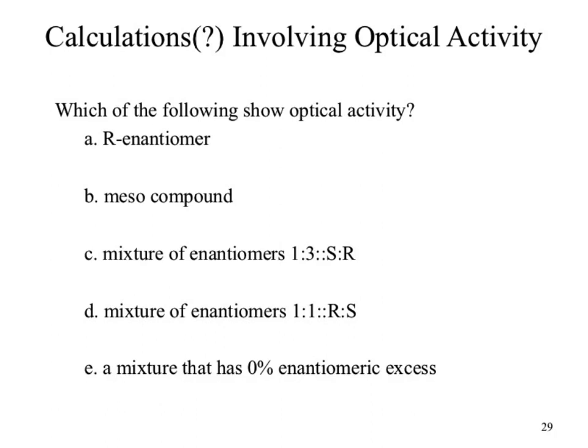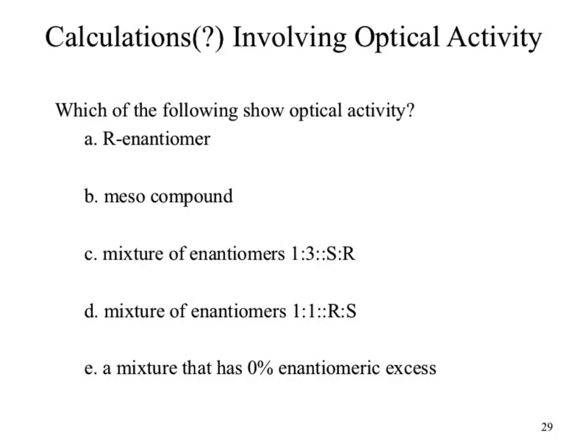Which way does it rotate? I don't know. R and S are not the same thing as plus and minus. Do not confuse the two. So the R enantiomer will cause a rotation in the light. If the light rotates, we have optical activity because the light has moved. It's changed its state.